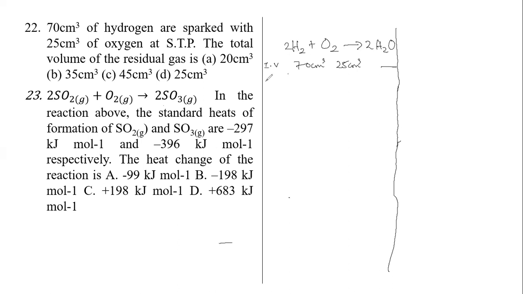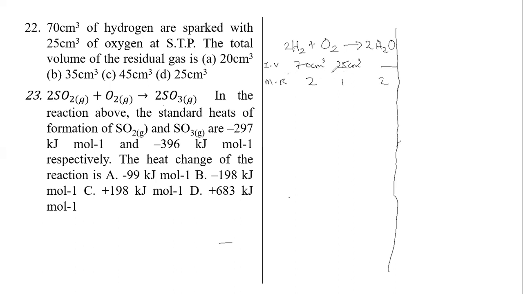Now you write the mole ratio. The mole of this one is 2, the mole of this one is 1, the mole of this one is 2. Then you identify the limiting reagent. How do you identify the limiting reagent? 70 divided by 2 is 35, 25 divided by 1 is 25. So that is the limiting value. Dividing the initial volume by the mole ratio is what we call the limiting value.